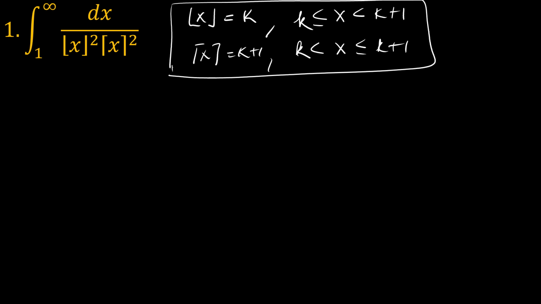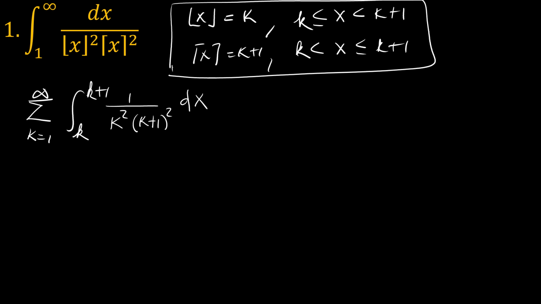And what does that mean? It means that now we have these discrete regions, from k equals 1 to k equals infinity. And in each, we can now integrate 1 over x squared, where the floor function becomes k squared, and the ceiling function squared becomes k plus 1 squared.